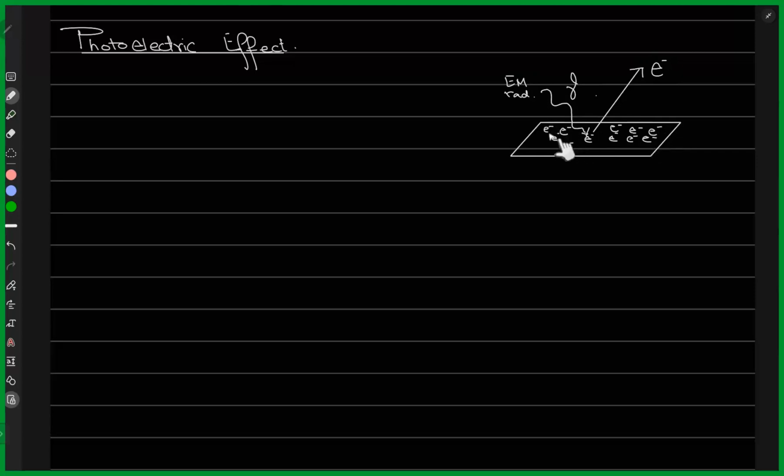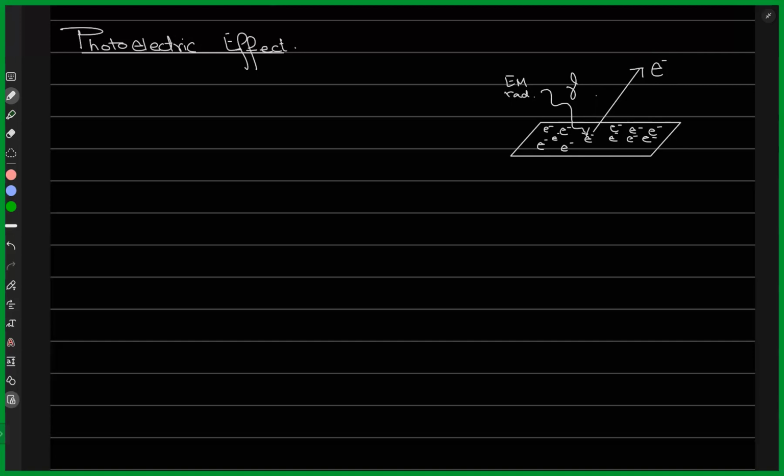Of course, it is done by some energy. So they're bounded to the surface by some energy. And you need to provide it enough energy so that you can overcome that bounded energy, which we'll call work function. And if you can overcome that energy and throw a higher energy photon at it, then it is able to remove the electron from it, because it will then break that barrier of the energy.